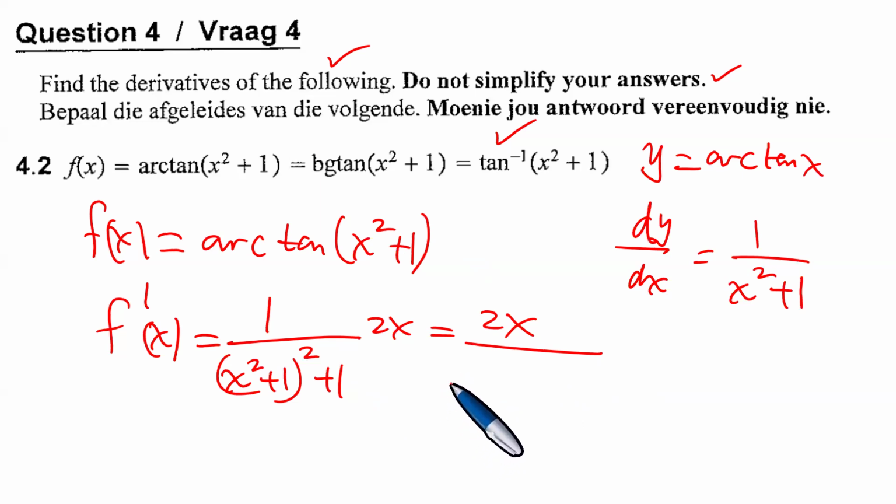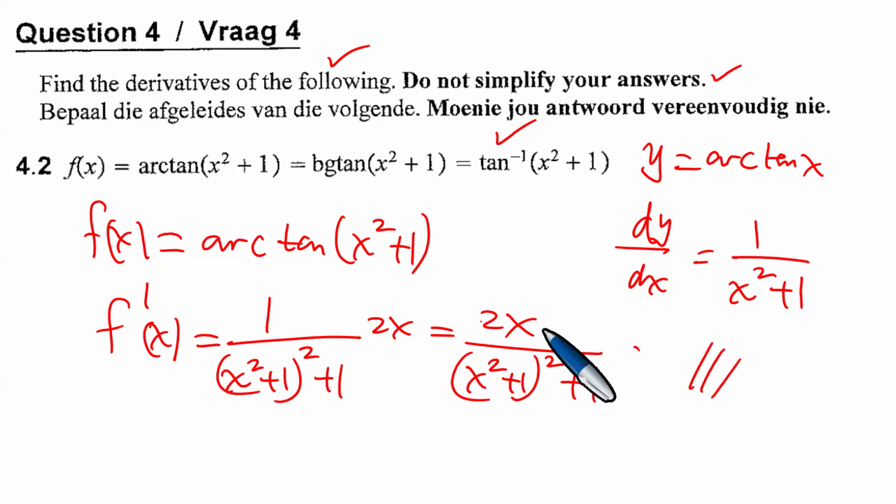That is the answer. You can write it in many ways, but you can write it as 2x over (x squared plus 1) squared plus 1, like this. And this is the answer to the question. Any question, any remark, any input, any suggestion, any opinion? No, thank you. Go to the next point.